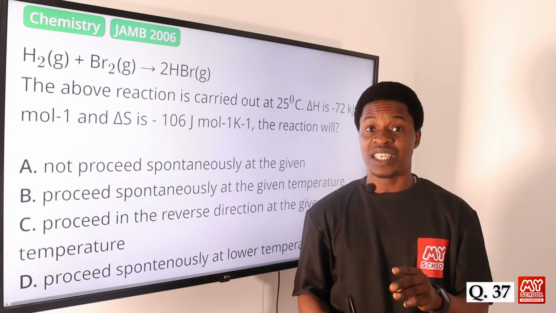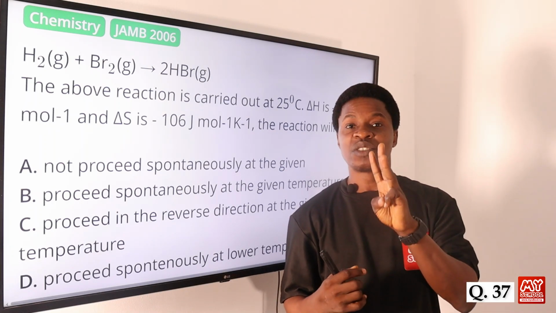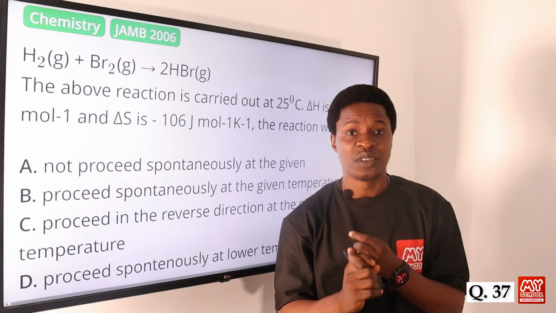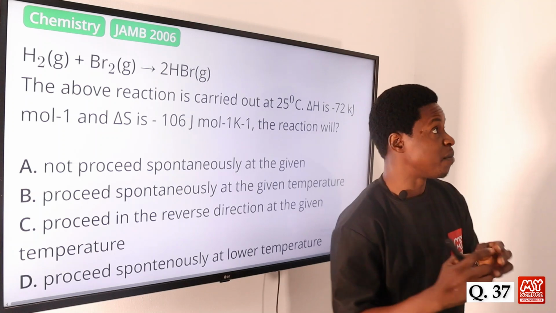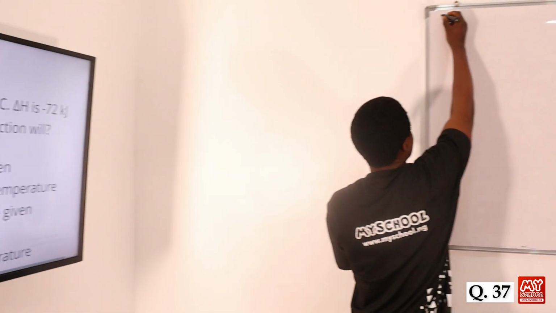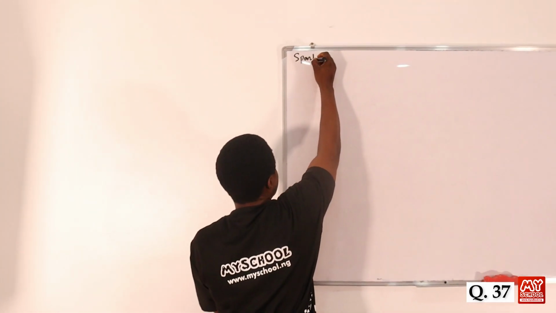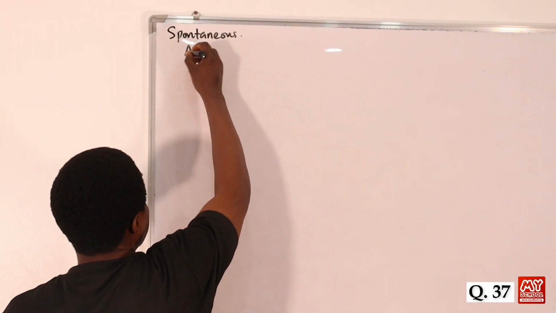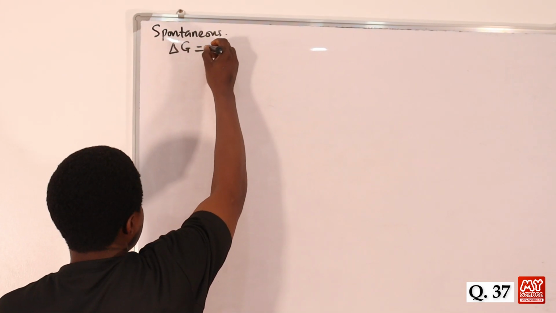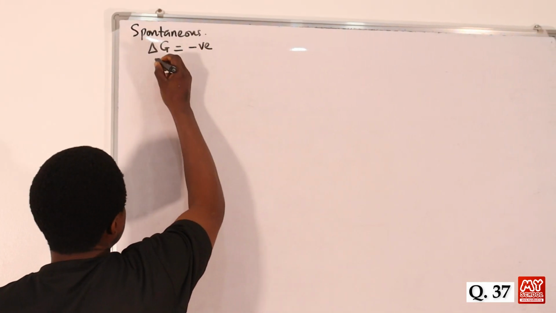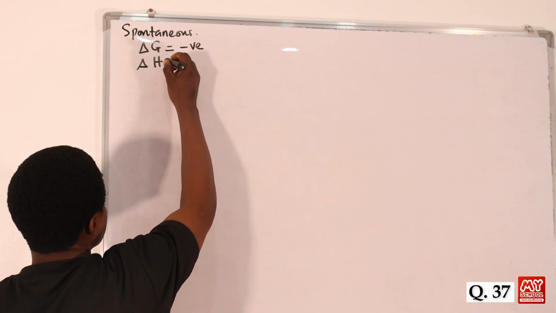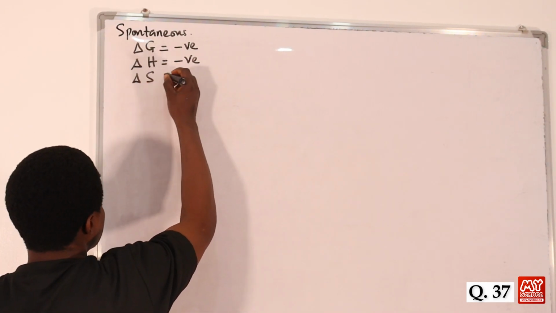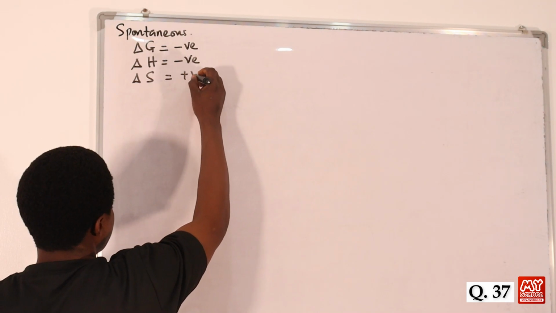When we talk about the spontaneity of a reaction, three conditions usually are responsible. Let's look at the board. For any reaction to be spontaneous, delta G must be negative, delta H must be negative, and delta S should be positive.